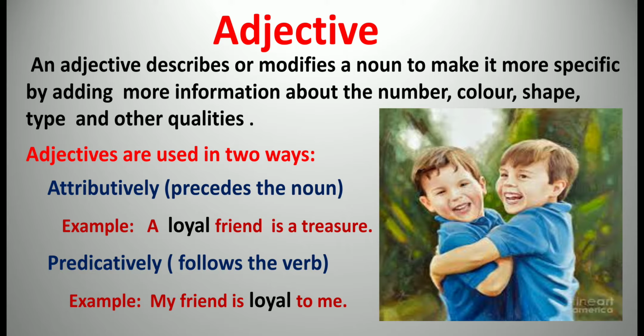The other way to use the adjective is to use it as a part of the predicate in a sentence where it follows the verb. As in the following example, my friend is loyal to me. The adjective loyal is placed after the verb is. Thus, it is used predicatively here.